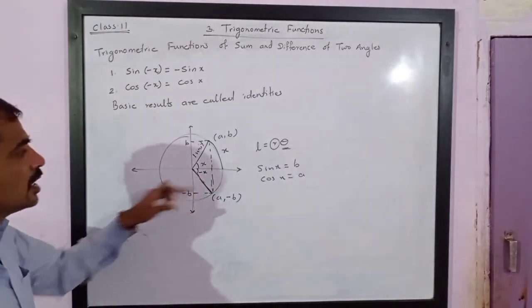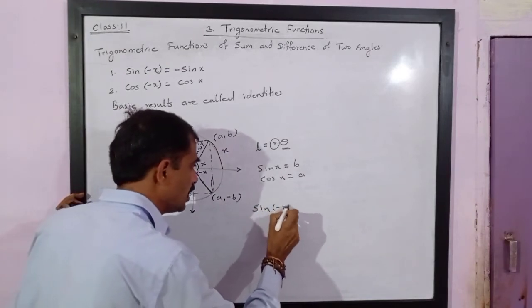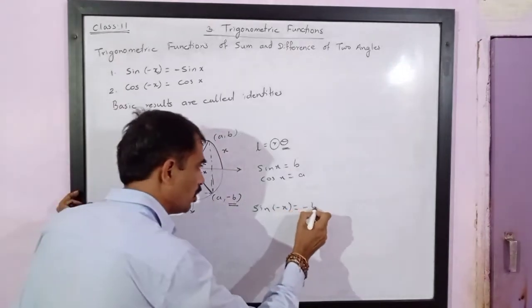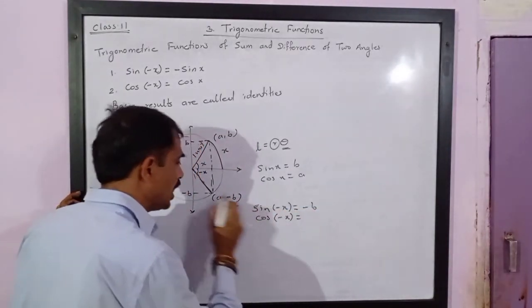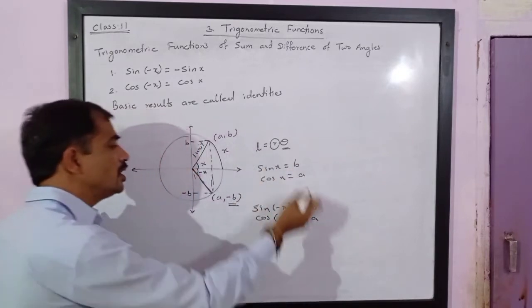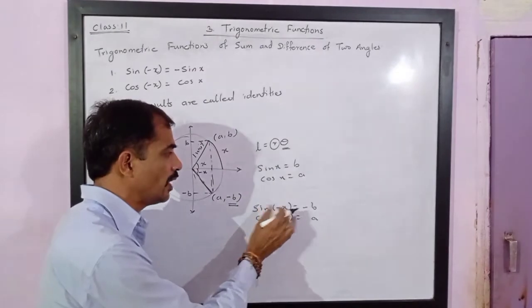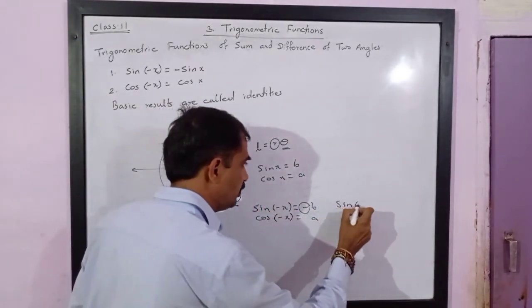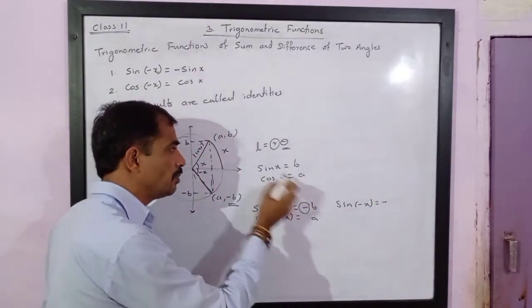Now it means sine of negative x is the y coordinate, that is equal to negative b, and cos of negative x is equal to the x coordinate, that is equal to a. From these two results we notice that sine x and sine of negative x have only a sign difference. It means sine of negative x is equal to minus b, which is minus sine x.